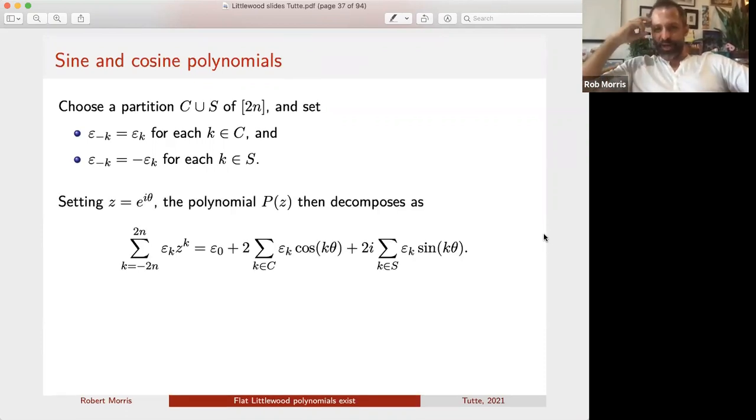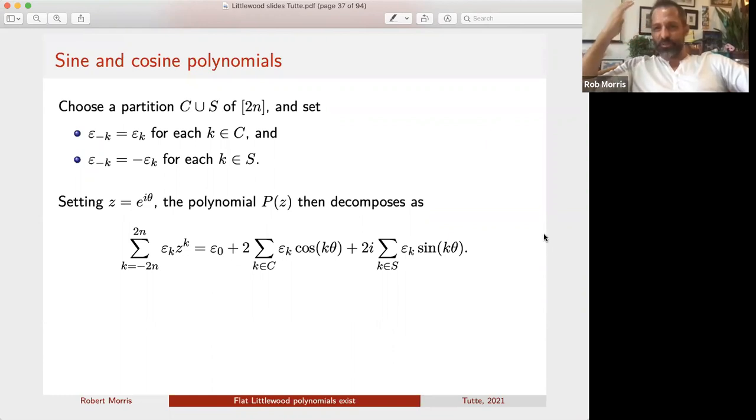So what am I talking about? Well, we're actually going to look at a power series, or polynomial, where the powers go from minus 2n to 2n. But why are we allowed to do that?